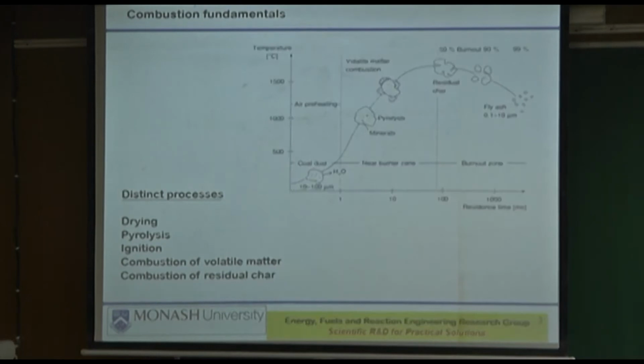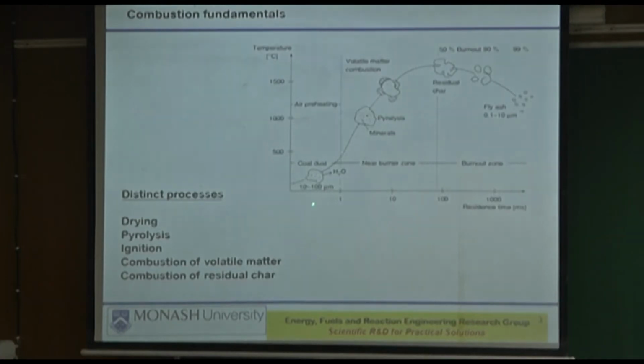So the way it happens sequentially, if we describe it in this way, is with the x-axis being the residence time and the y-axis the temperature. This diagrammatic representation is only for PF-fired boilers, not for fluidized bed boilers. The time scale will be different; the x-axis will be completely different for a fluidized bed.